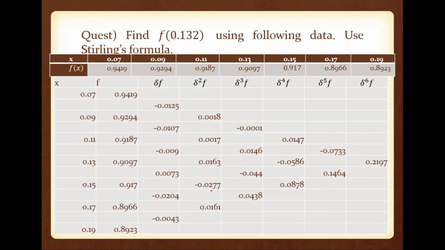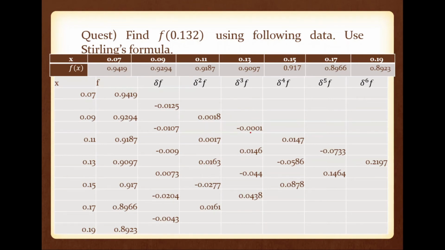Minus 0.0277 minus 0.0163 is minus 0.044. 0.0161 minus minus 0.0277 is 0.0438. So this one is the third order central difference.